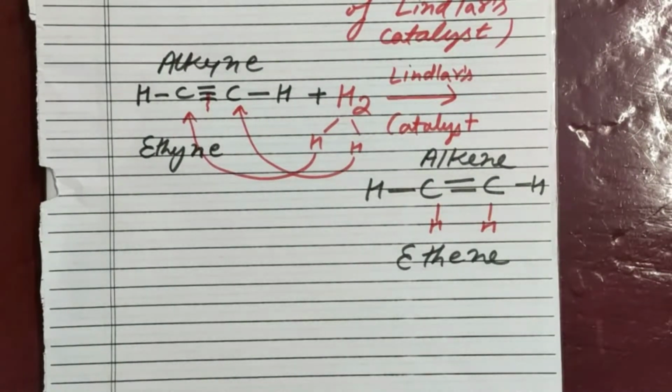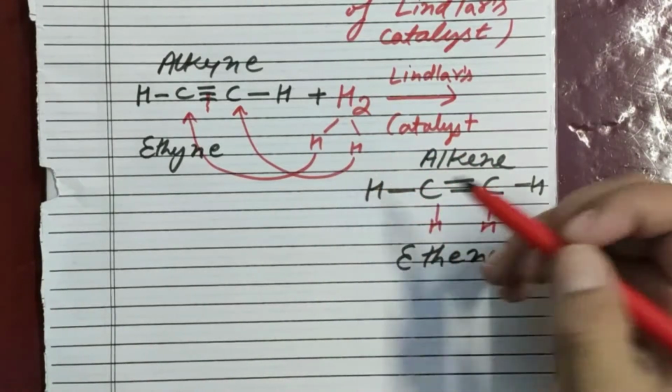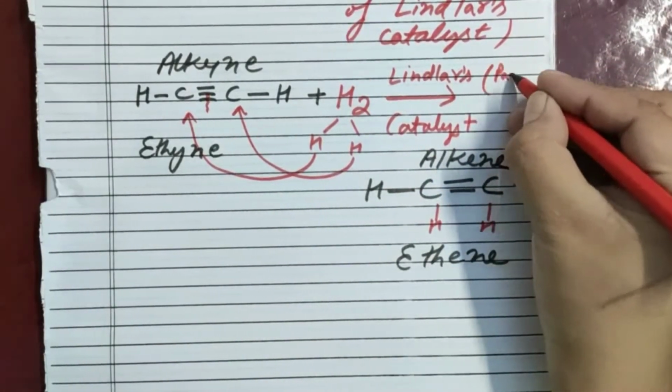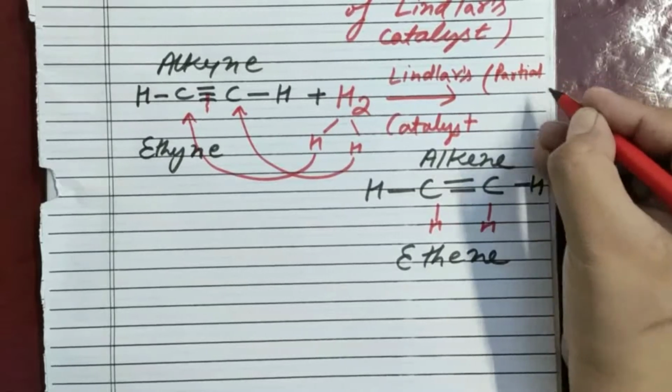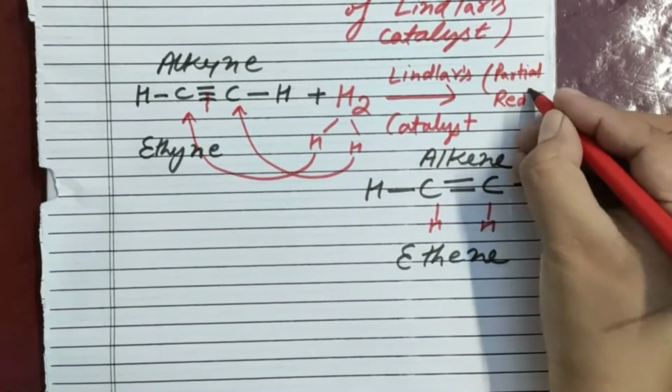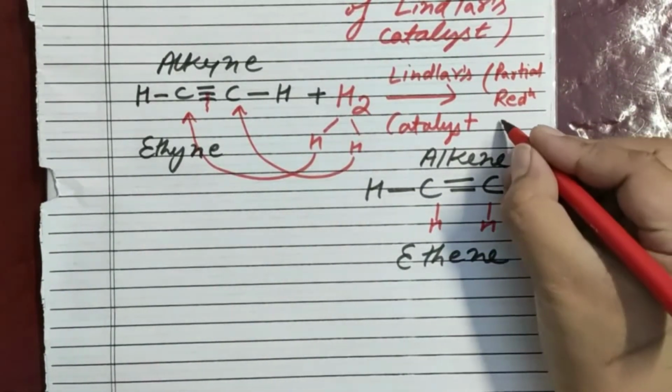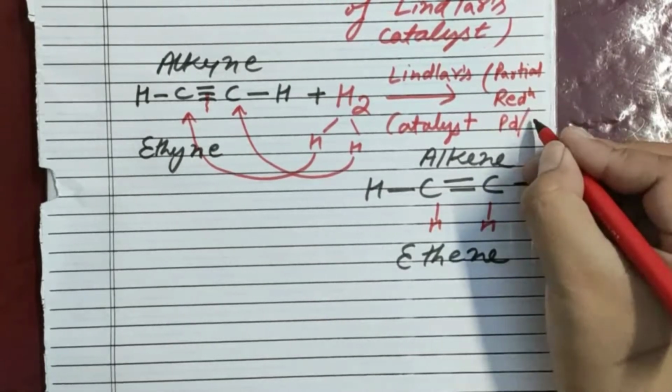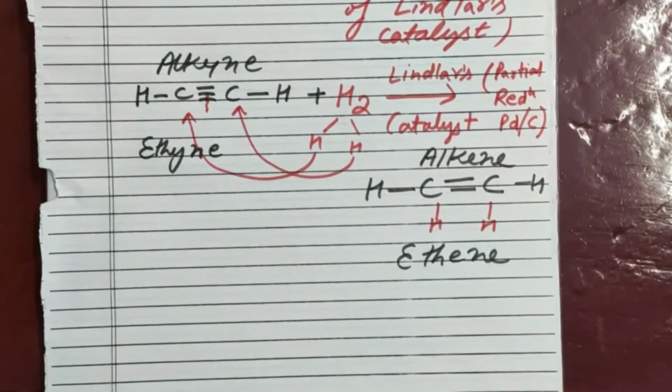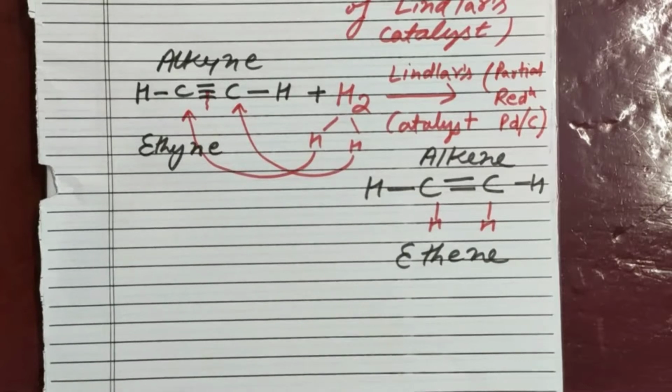So we are performing the partial reduction method, partial reduction in the presence of pelletized charcoal. That is Pd, where Pd is for palladium and C is for carbon.